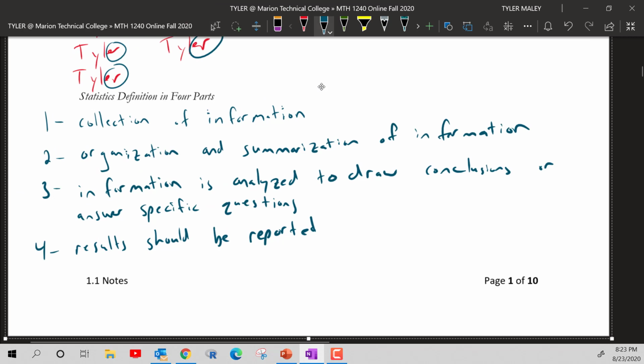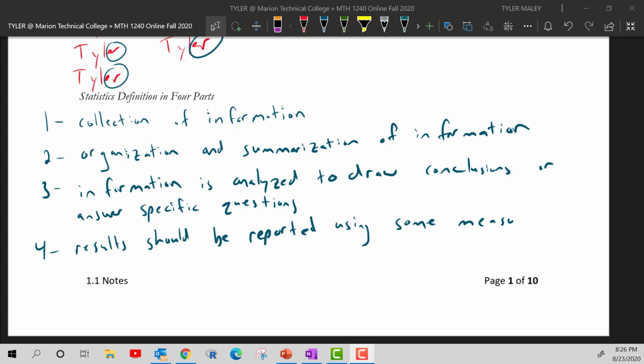So results should be reported using some measure. All right, sorry about that. I had some technical trouble with my drawing monitor. So I think I have a solution. We'll see if this works. It kept shutting off.